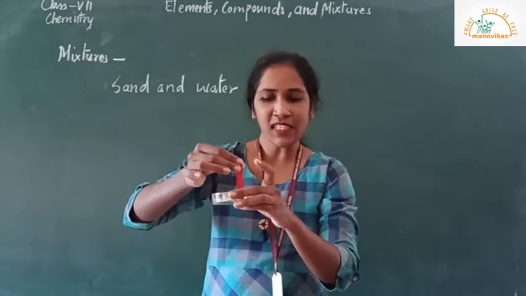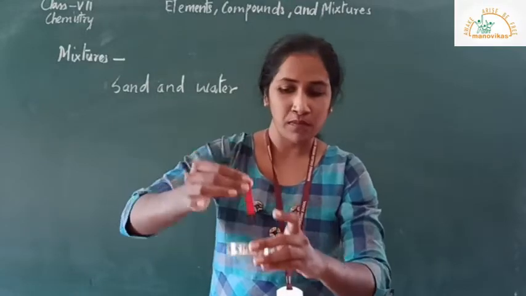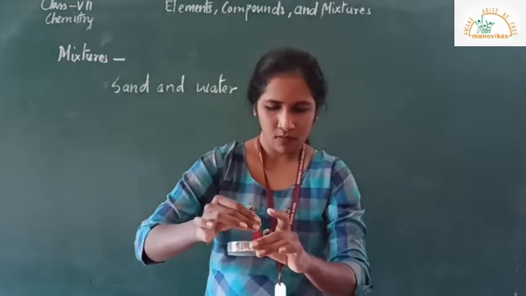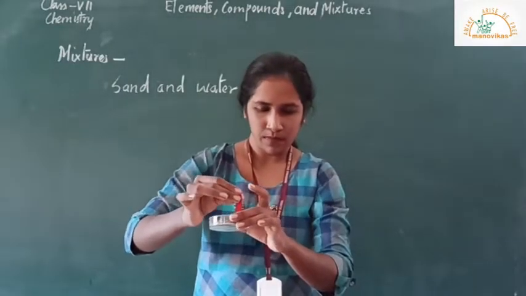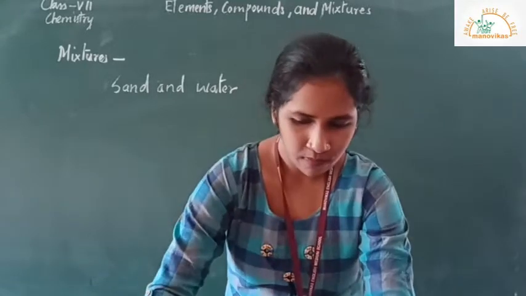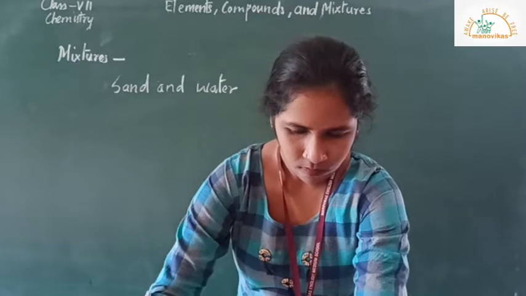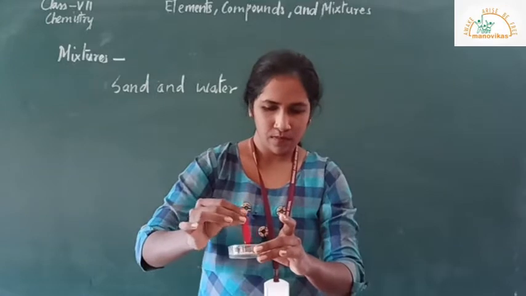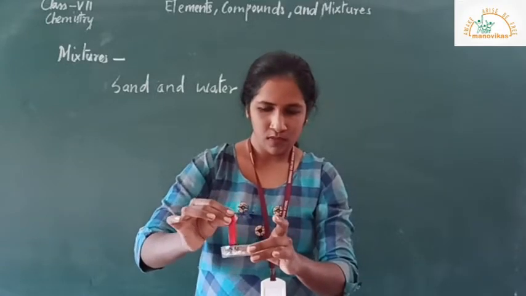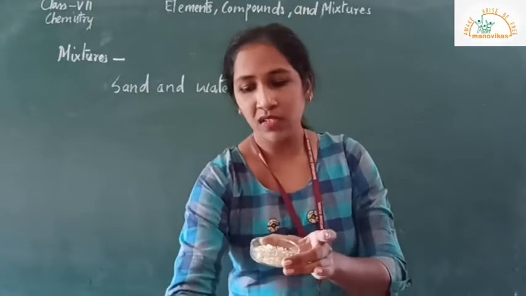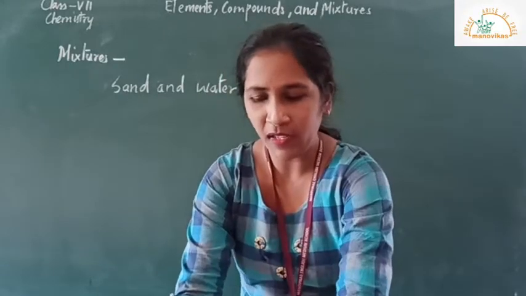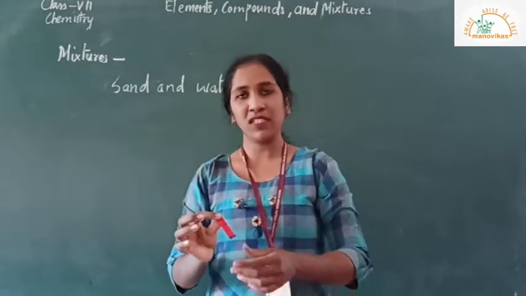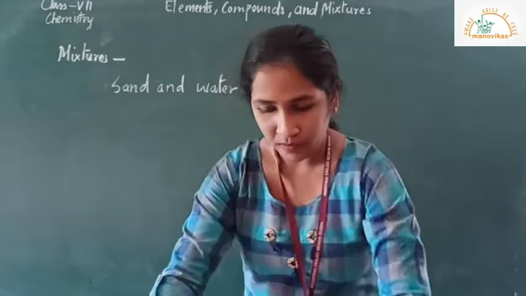The remaining iron filings I can remove in the same way. And what we obtain back is the sulfur powder. So this is separated by a physical method, that is with the help of a bar magnet. This process is called magnetic separation.